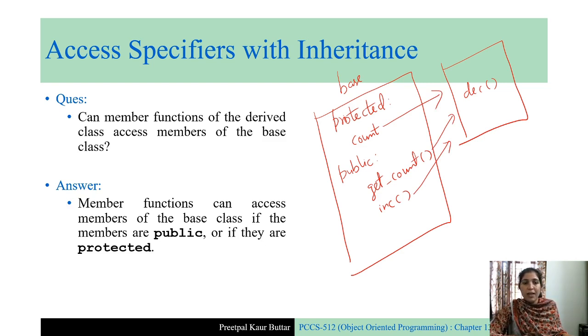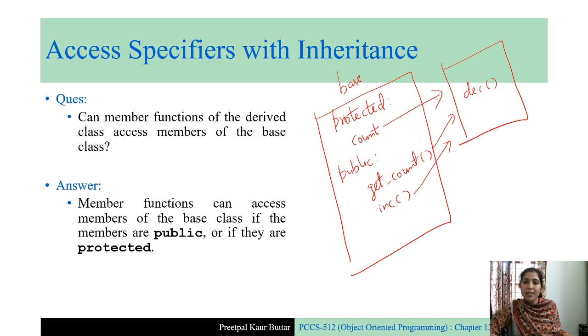So the question is, can the derived class members access the base class members? It is saying that they can access the members if they are public or protected. Here all the members are protected or public. We have one protected member and two public members.